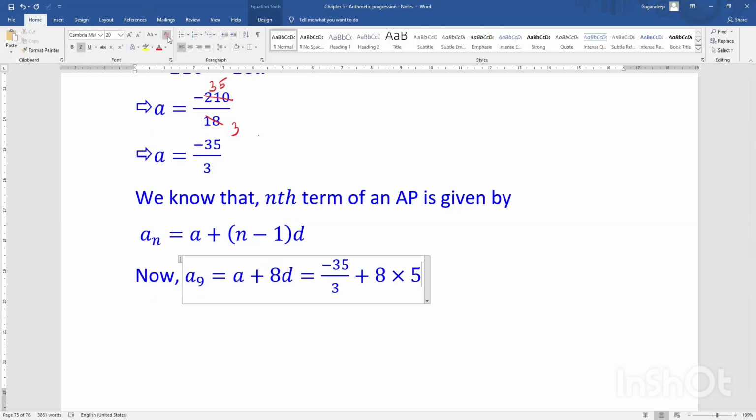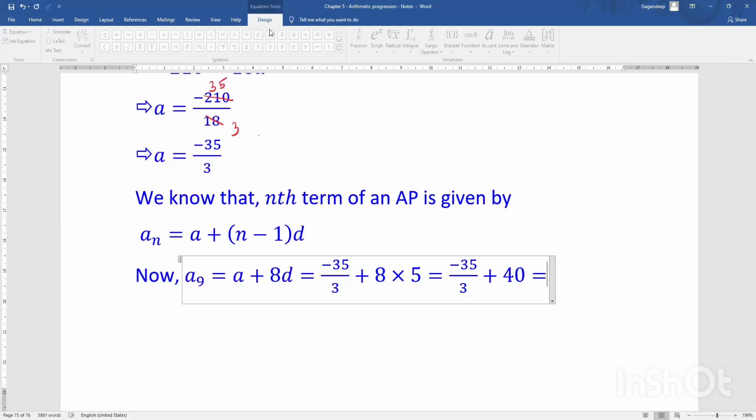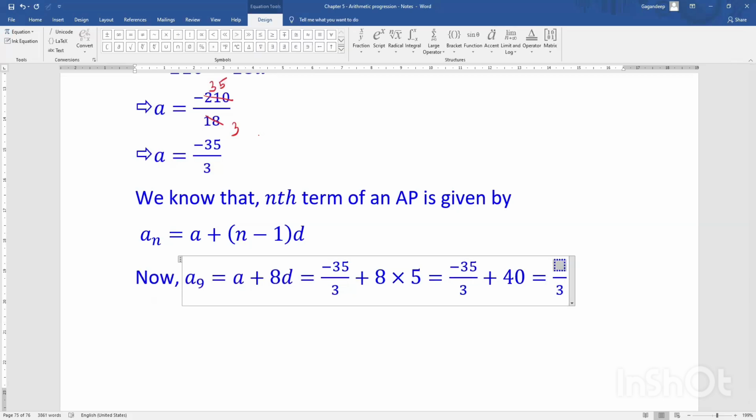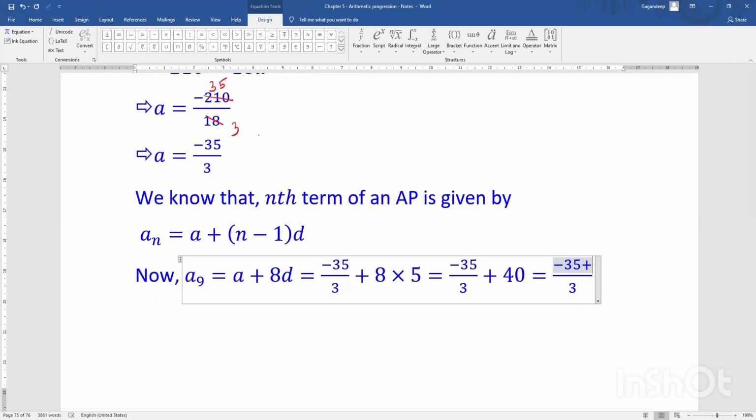which is nothing but minus 35 by 3 plus 40. Okay. Or we do cross multiplication. Denominator will have 3, numerator will have minus 35 plus 40 times 3 is 120.